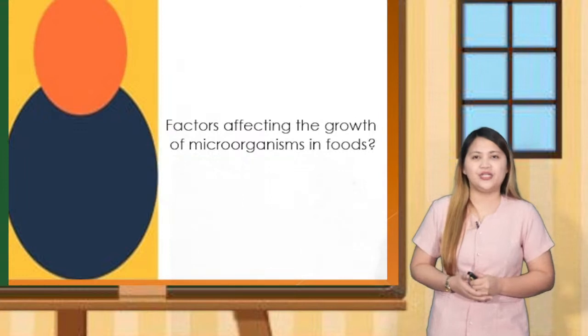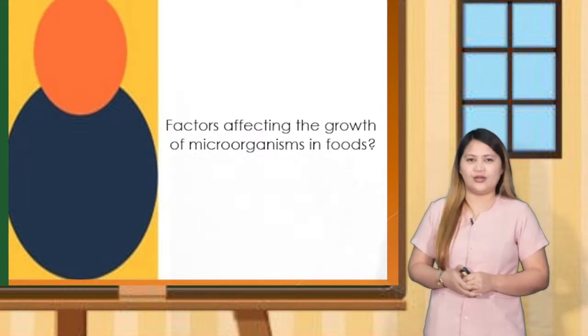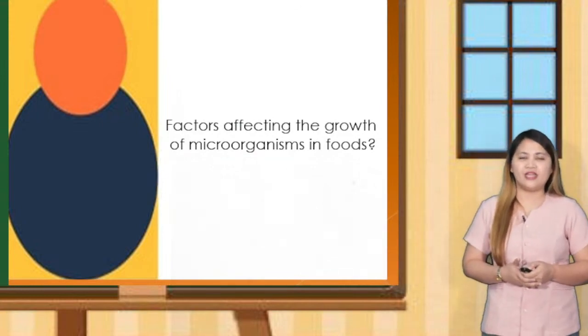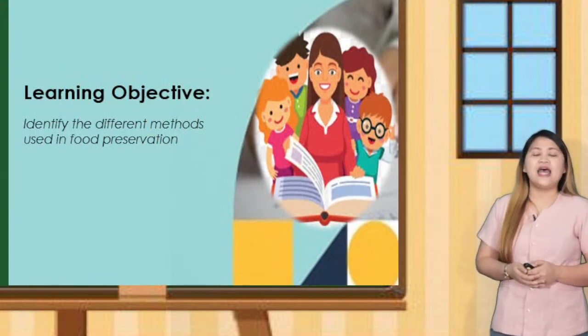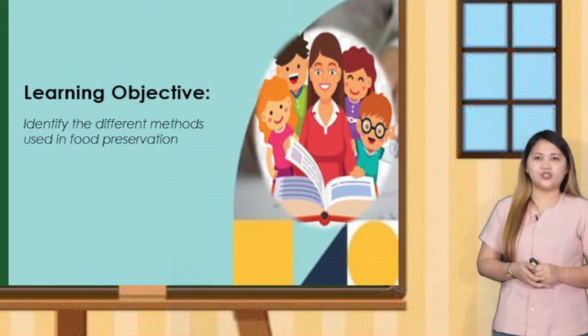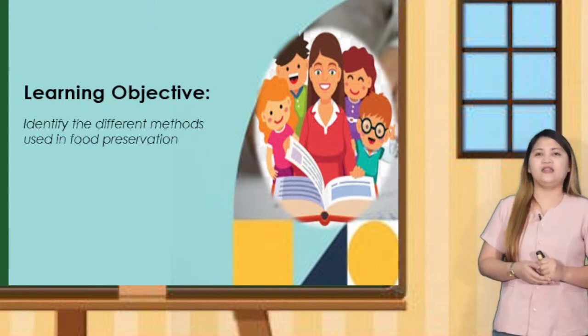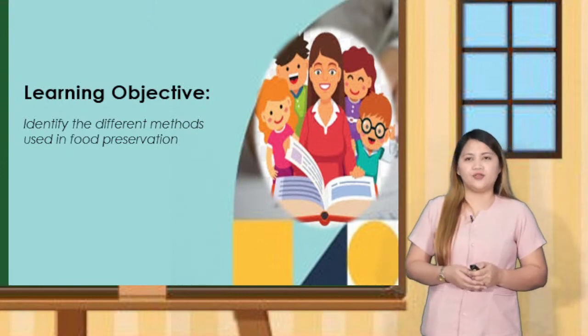If your answer is no, then I think this will be the perfect lesson for you. So let's start our lesson with our learning objective. It says here that at the end of this lesson, all of you learners will be able to identify the different methods used in food preservation.